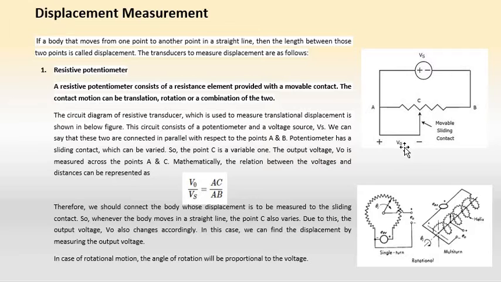As a result, V0 also varies in proportion with our displacement. Here V0 is the output voltage and Vs is the input voltage. So the relation in this resistive potentiometer is V0 by Vs is equal to AC by AB.